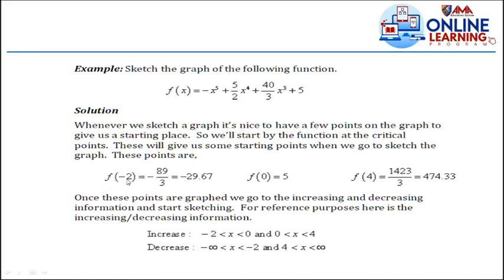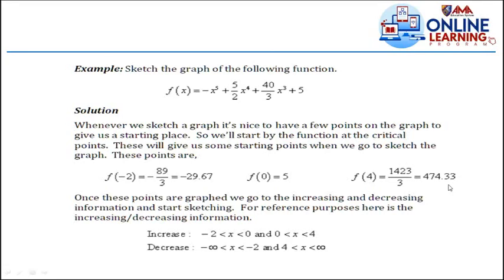So by this time, meron na kayong x and y coordinates. Yung x natin, negative 2, 0, and 4. Yung y coordinates natin, we have negative 29.7, 5, and 47.33. Once these points are graphed, we go to the increasing and decreasing information and start sketching.